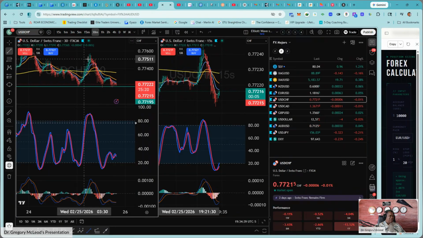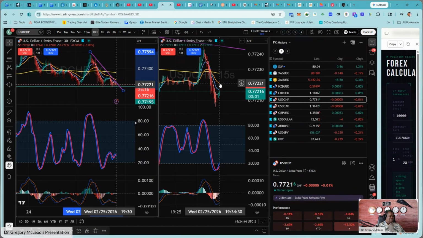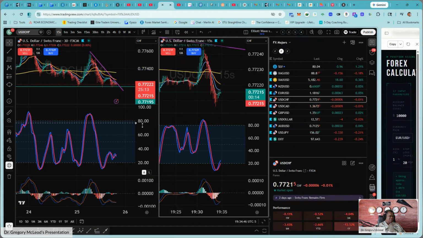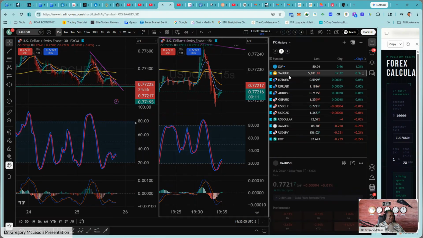A descending triangle. You break below 77.17. I don't know any of this. Silver. Let me reset this. Gold.